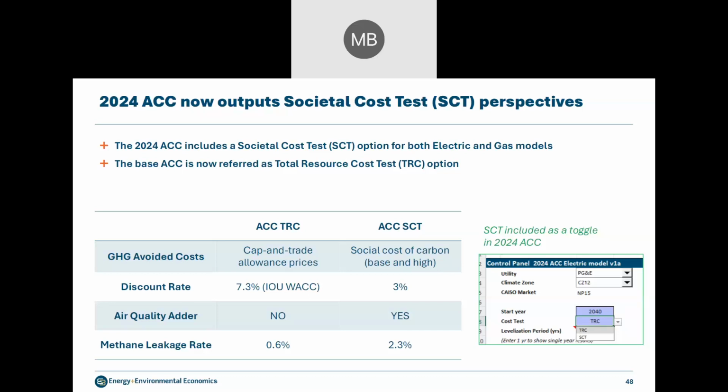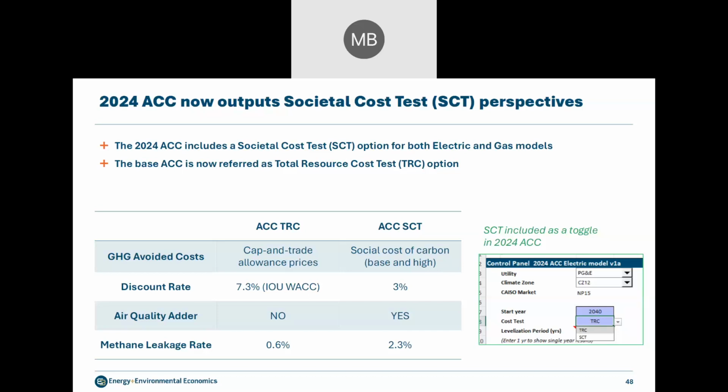We also applied a base social cost of carbon and a high case of social cost of carbon for the SCT perspective. In terms of discount rate, the TRC uses 7.3%, the IOU WACC, while the SCT uses a societal discount rate of 3%.